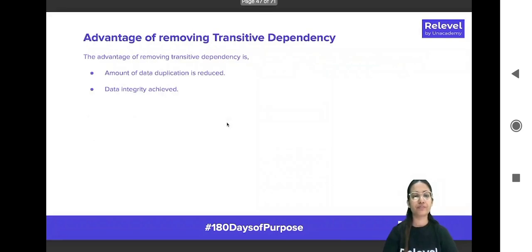That is why it says that the moment you remove transitive dependency, you have no data duplication and data integrity is achieved as well. Okay, and that is why we are going to the above level and going till third normal form. So I hope this is clear to everyone, and I hope you understood the overall idea behind third normal form as well.